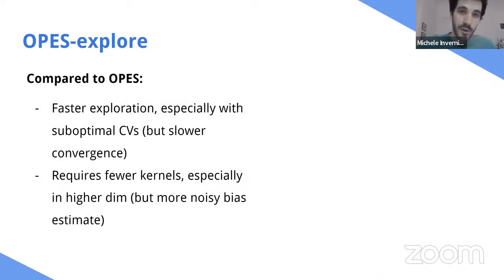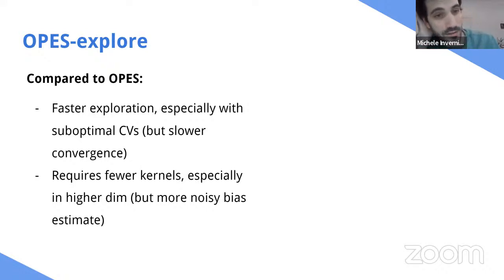So from a practical point of view, if you compare this OPES-explore method to OPES, what you will have is a faster exploration, especially with suboptimal collective variables, but at the cost of a slower convergence, because if you let your bias adapt, it means that it's not converged, it's not a quasi-static bias.